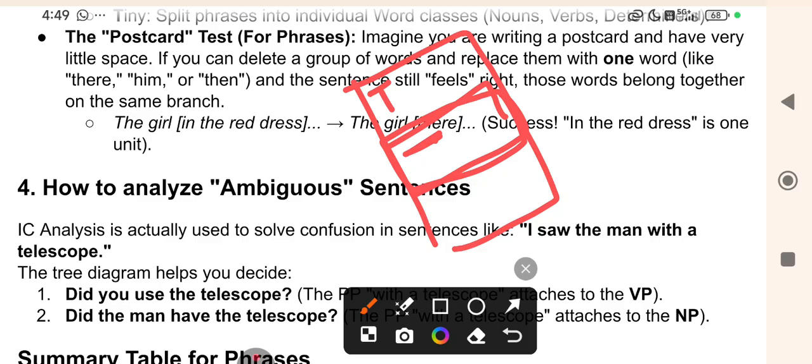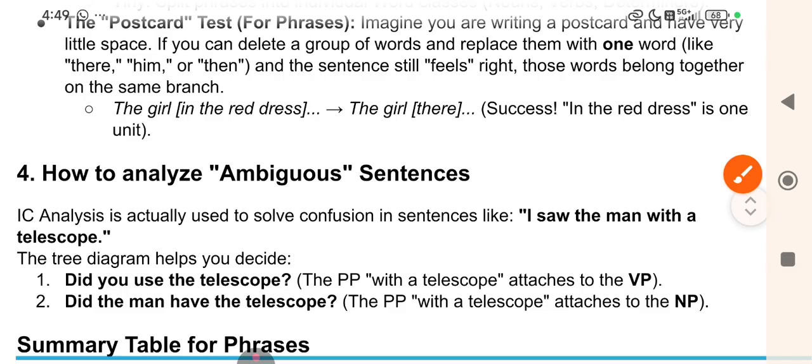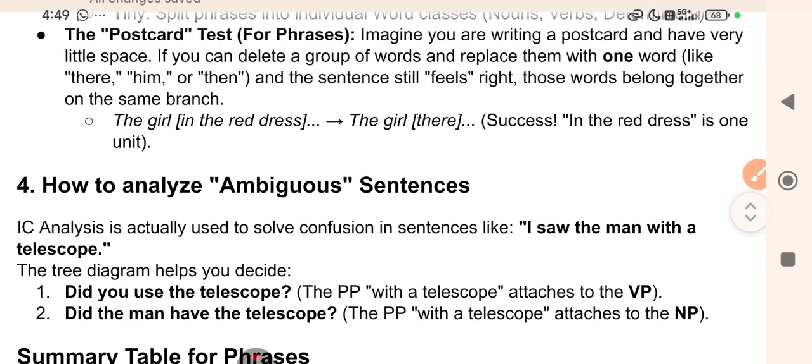The same they are saying for phrases. Instead of a long expression, we try to have a brief expression, and then we find the substitute of the phrase. Similarly, they are suggesting, imagine you are writing a postcard and have very little space.